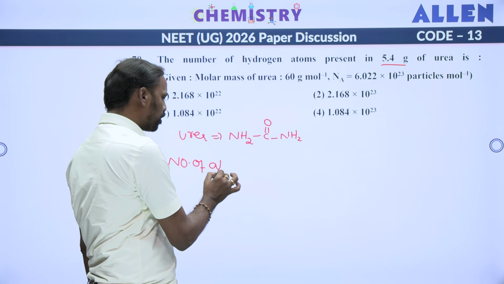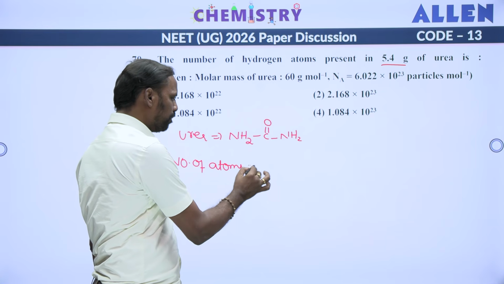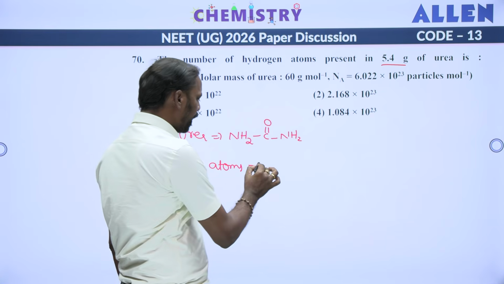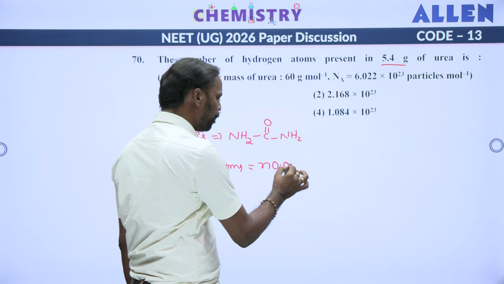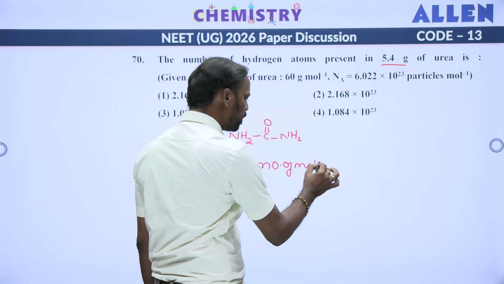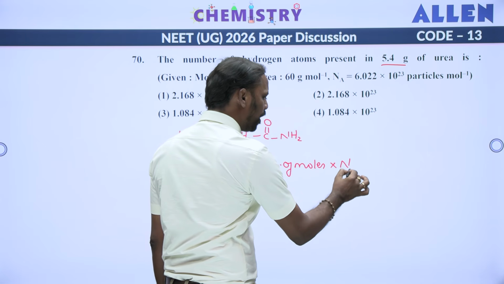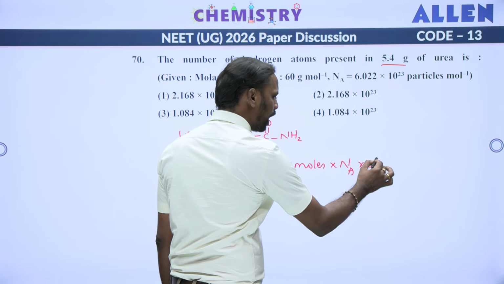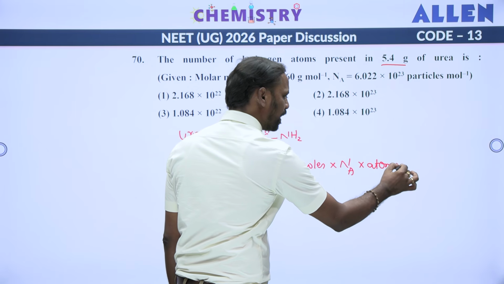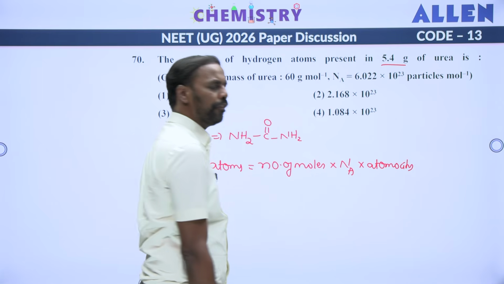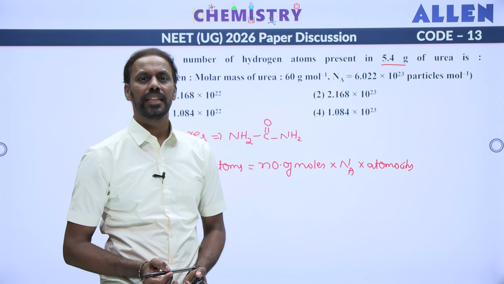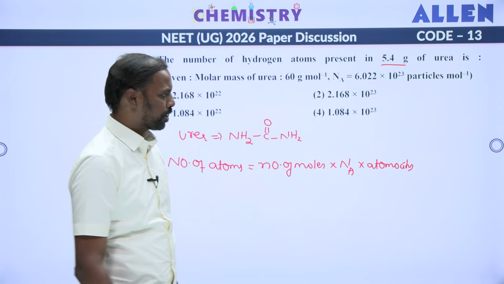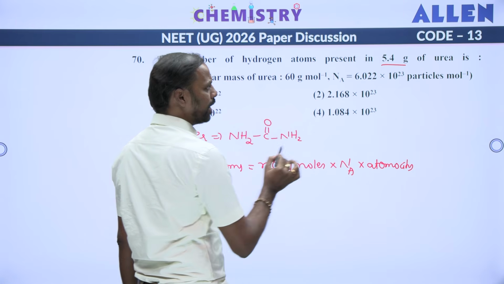Number of atoms is equal to number of moles into Avogadro number into atomicity. What is atomicity here? The number of atoms present in one molecule of a substance. Which atom are they asking about in the question?